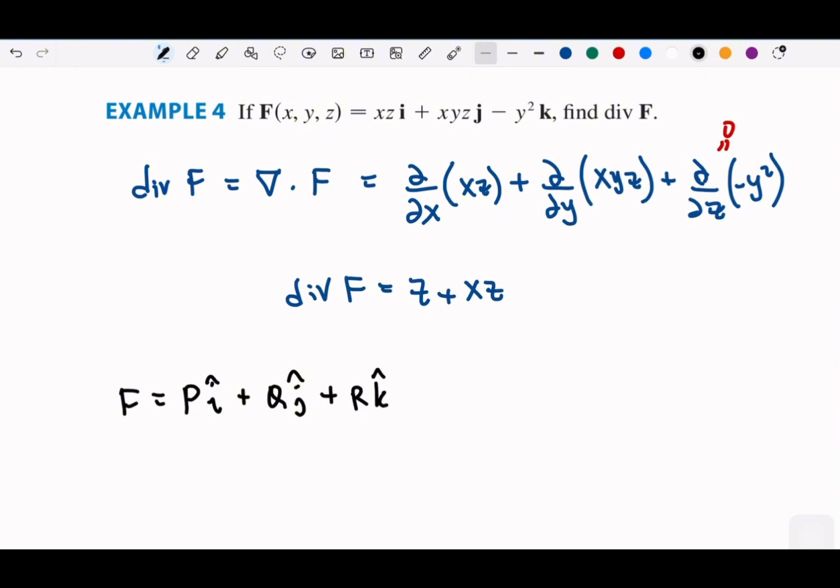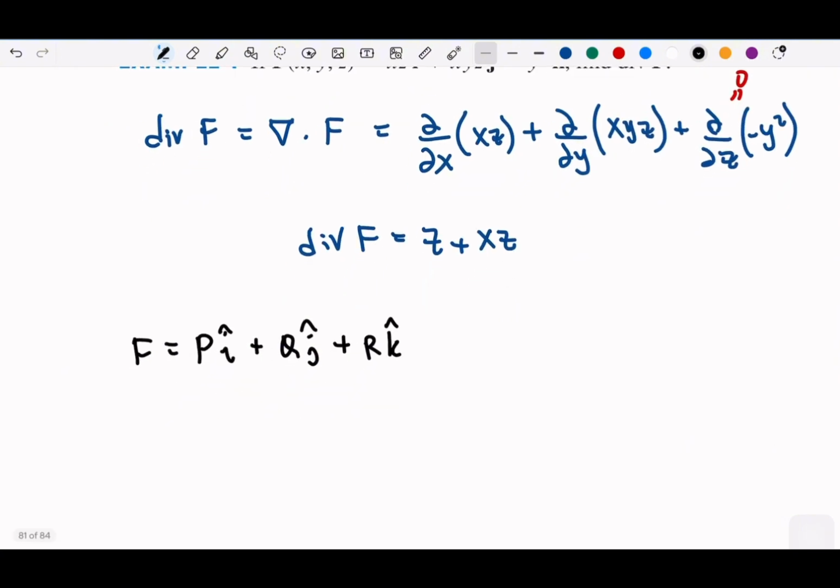This is a vector field. So we know the curl of F. How about if we want to get the divergence of the curl F? Based on the operations, we are going to compute the curl, which is del cross F, and then the result will be dot product with another del. So this will be del dot the del cross F.